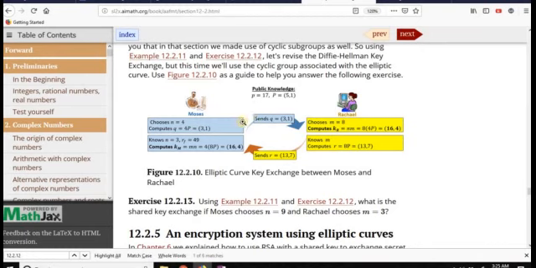You're using these points instead of using modular numbers. So let's see how this works here. This is your base. You're doing your calculations mod 17, and this is your base point, which anchors your cryptography system.